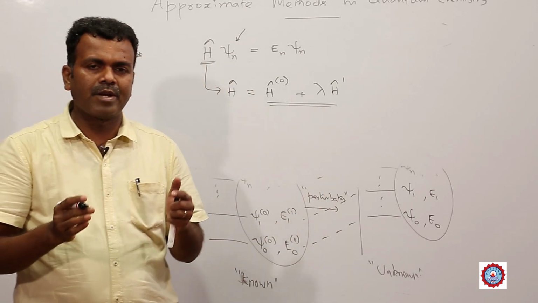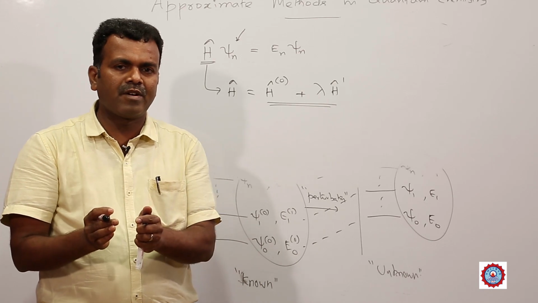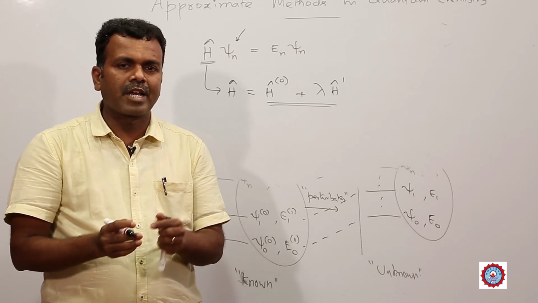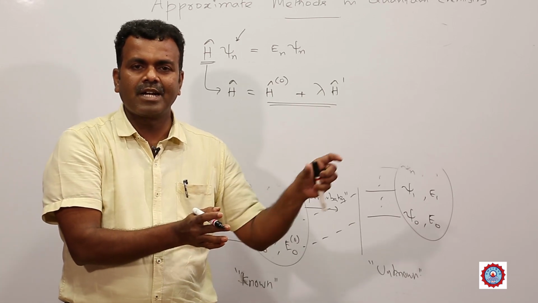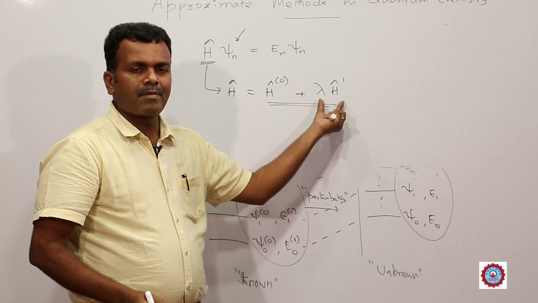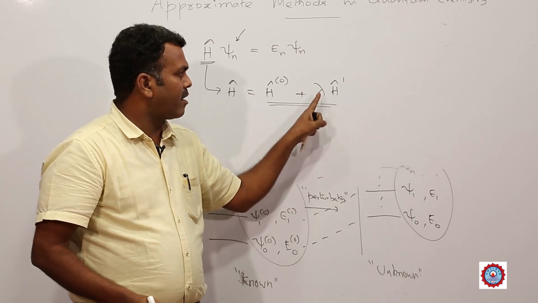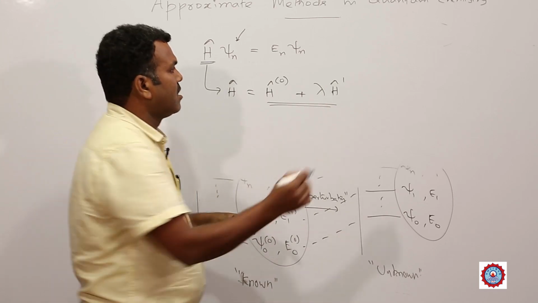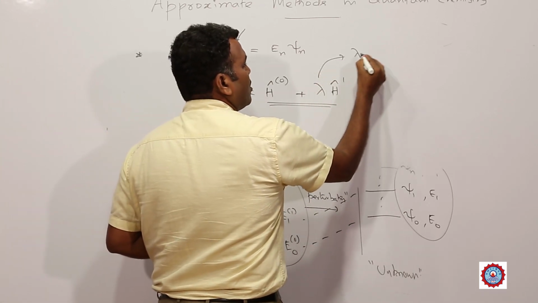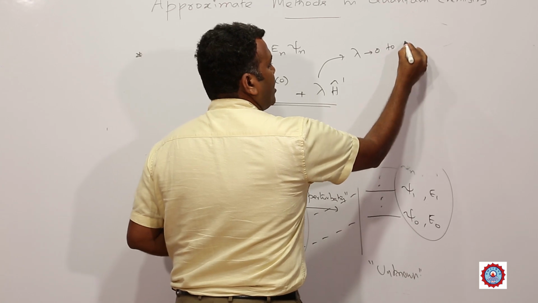So, according to the perturbation method, the Hamiltonian for the perturbed system can be given as the Hamiltonian for the unperturbed system plus a correction term, and the correction term is lambda into H operator prime, where lambda is some parameter. You know very well, this parameter lambda can take value from 0 to 1.